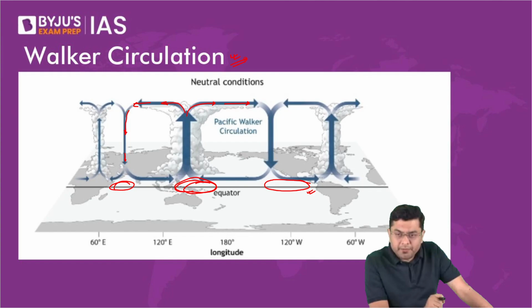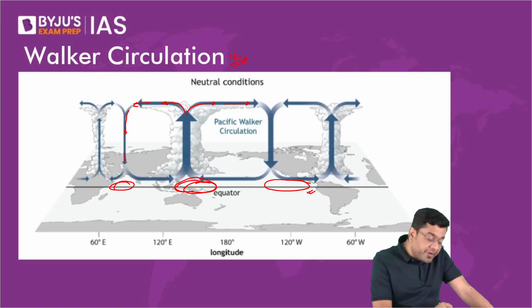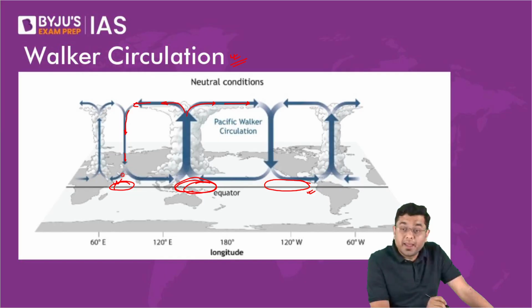Perfect. Very, very good. It is Bay of Bengal. Why? Because the Western Indian Ocean here has developed a high pressure. So for the formation of a tropical cyclone, what is it that you require? A pre-existing low pressure system. But here you have a high pressure.